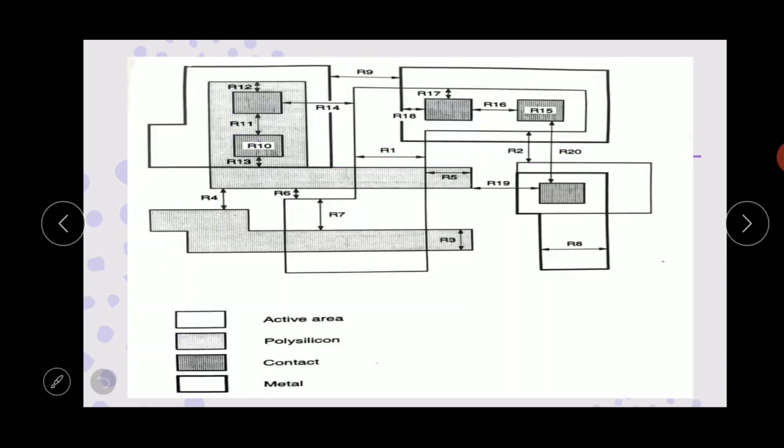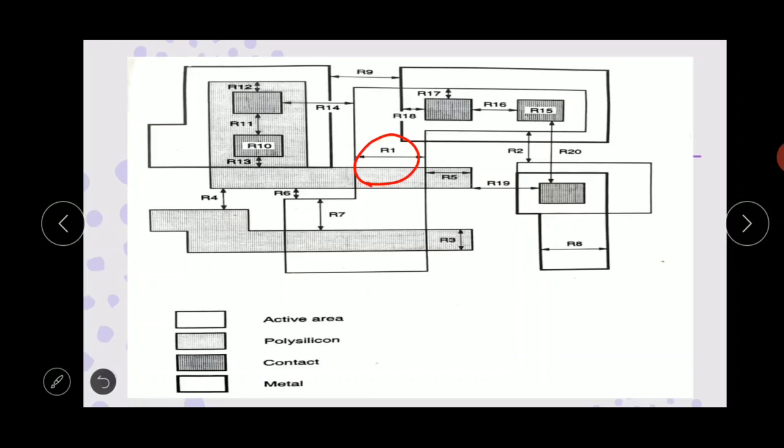So, this is a layout. In this layout, some R values are mentioned, from R1 to R20. Those R values are the rule numbers.